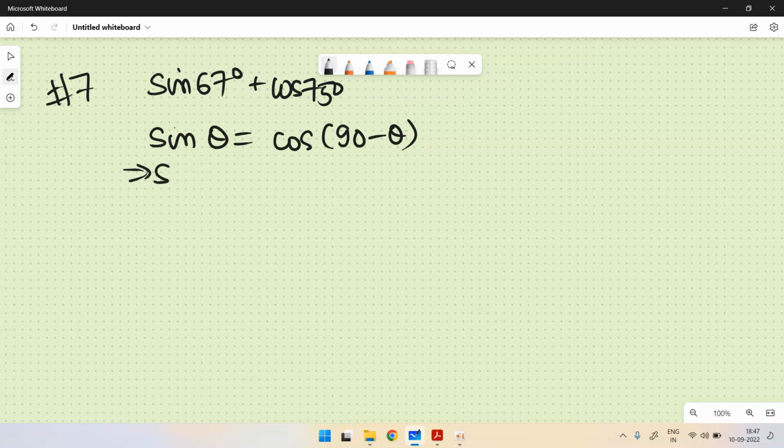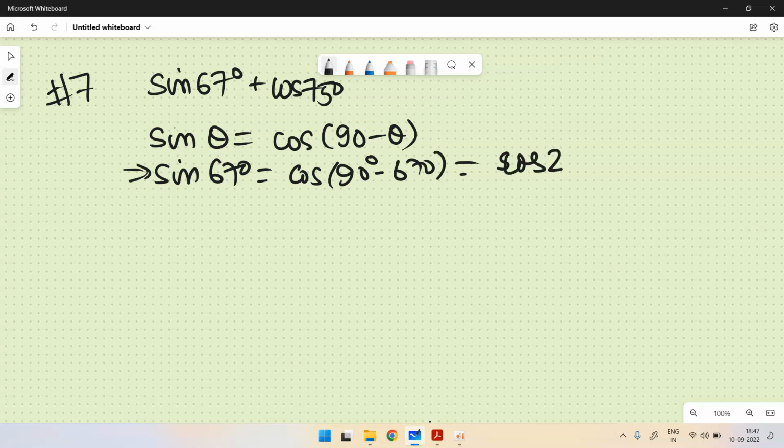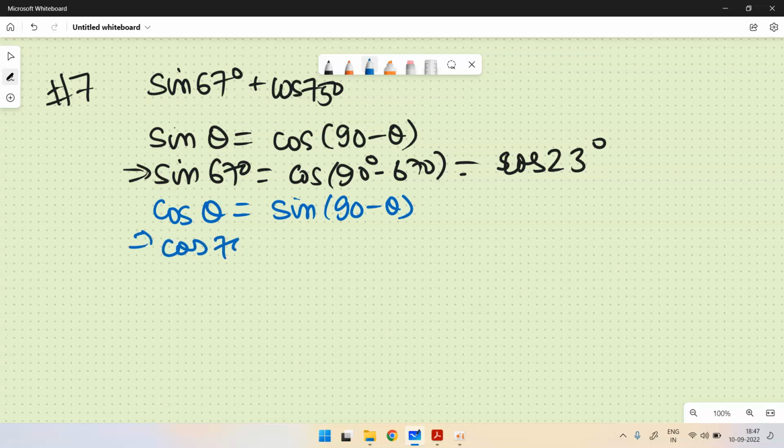If you substitute theta as 67 degrees, it is cos of 90 degrees minus 67 degrees, which is cos 23 degrees. And also you know that cos of theta is nothing but sine of 90 minus theta. Taking theta as 75 degrees, cos 75 degrees is sine of 90 degrees minus 75 degrees, which is sine of 15 degrees.